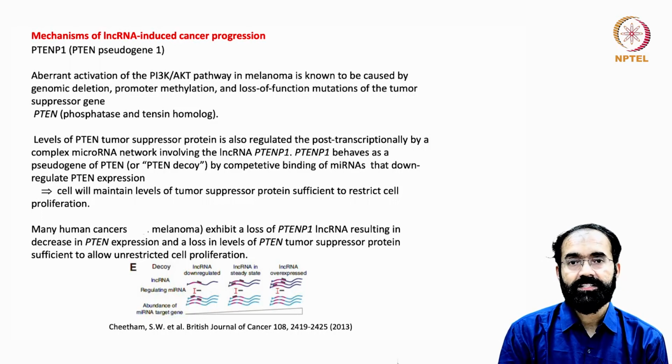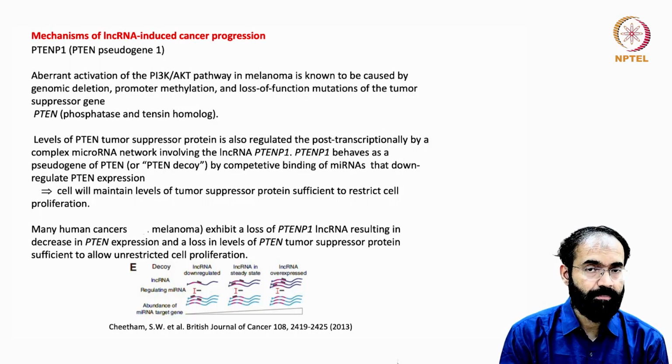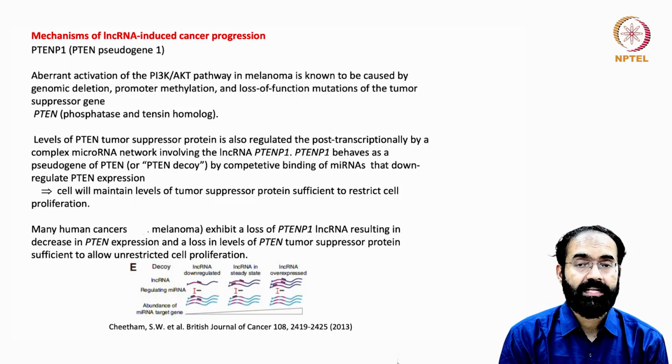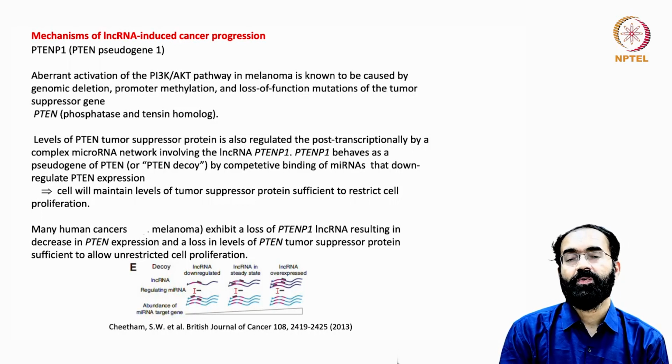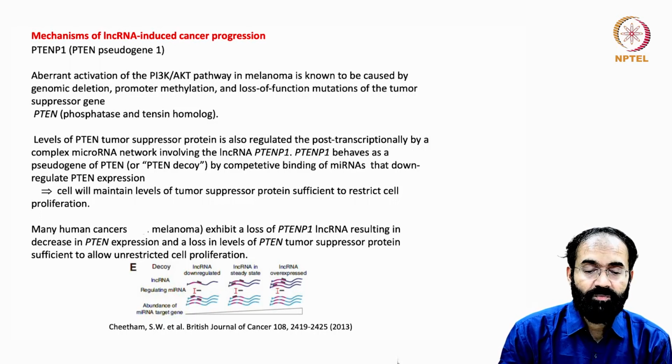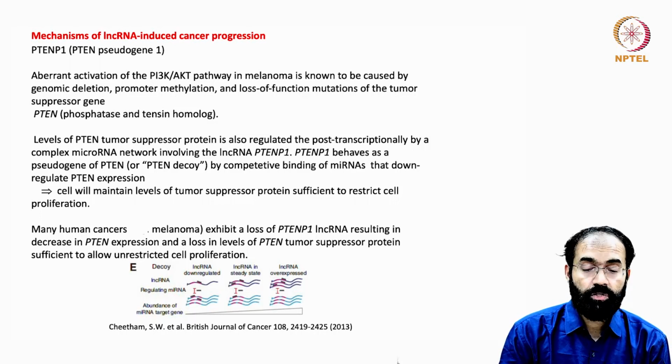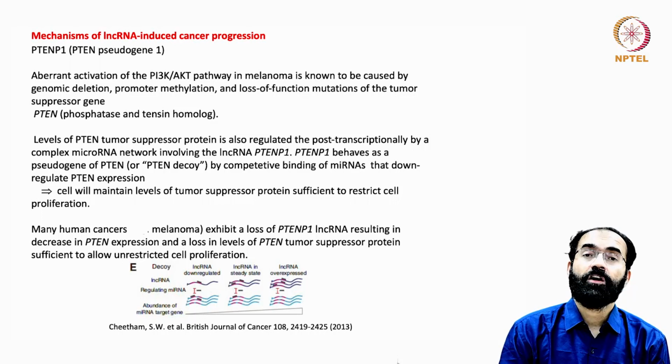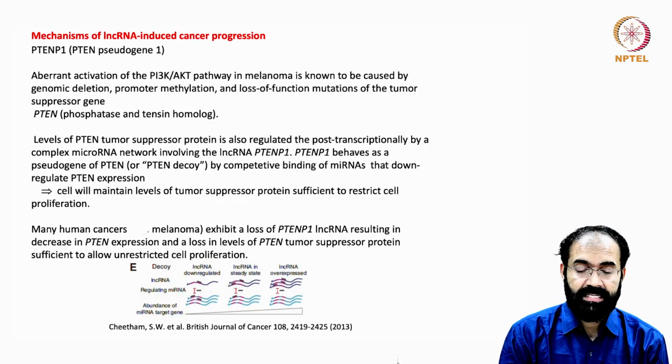Because what we should understand is that PTENP1 and PTEN expressions are monitored and linked, so levels of one can influence the level of the other. So in melanoma, loss of PTENP1 long non-coding RNA results in a decrease in actual PTEN expression and a loss of levels of PTEN, which is a tumor suppressor. So the absence of PTEN will cause an elevated level of AKT, and this in turn will facilitate proliferation.